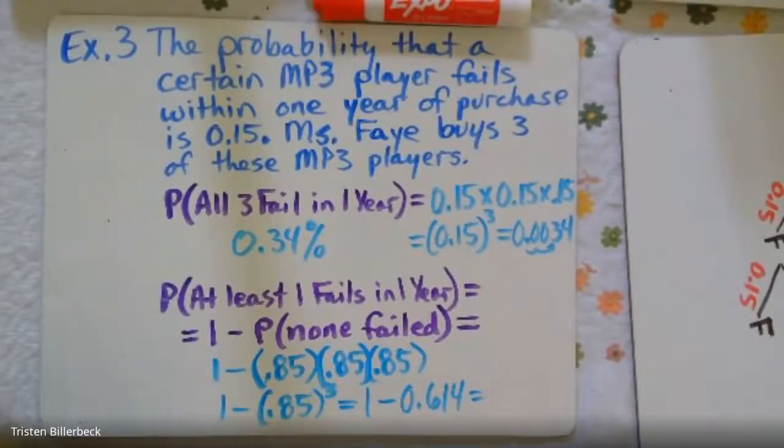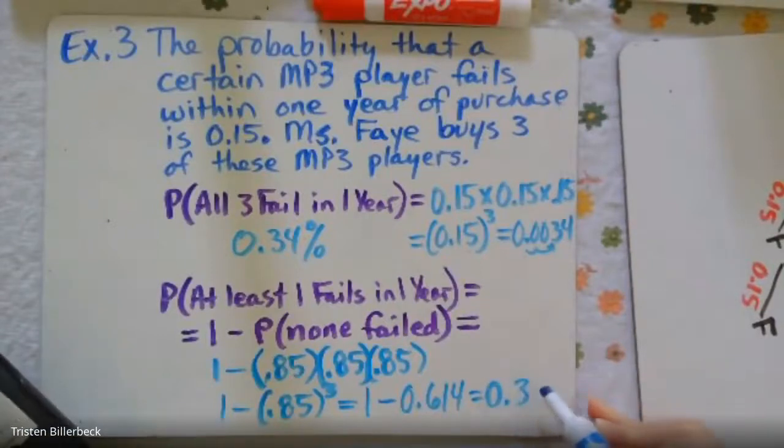Okay, so when we do 1 minus that, we get 0.386.